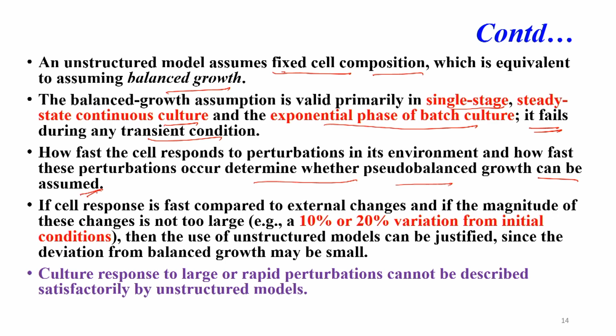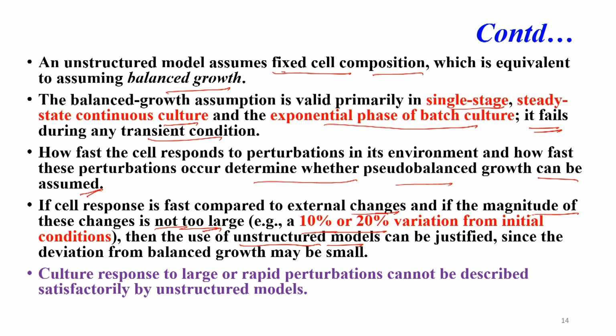For example, if cell response is fast compared to external changes, and if the magnitude of these changes is not too large, for example, let us say 10 to 20% variation from the initial condition, then still one can apply the unstructured model rather than going for the structured model.